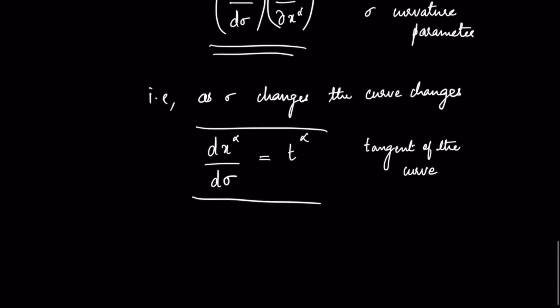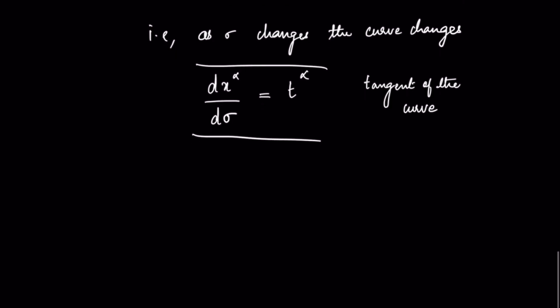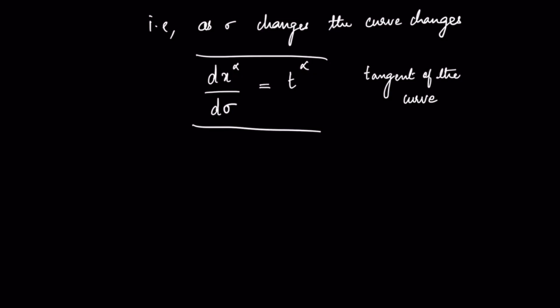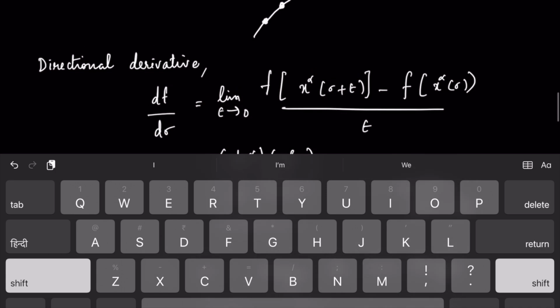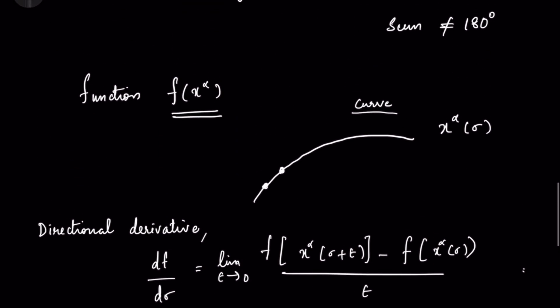Now, since sigma is a curvature parameter, as sigma changes, the curve changes, and dx alpha by d sigma, the rate of change of x with respect to sigma, can be called the tangent of the curve. So this is the definition for the tangent. What I have done is an infinitesimal displacement of this function along this curve, right? The limit epsilon tending to 0 is nothing but the infinitesimal displacement of the function at a point.